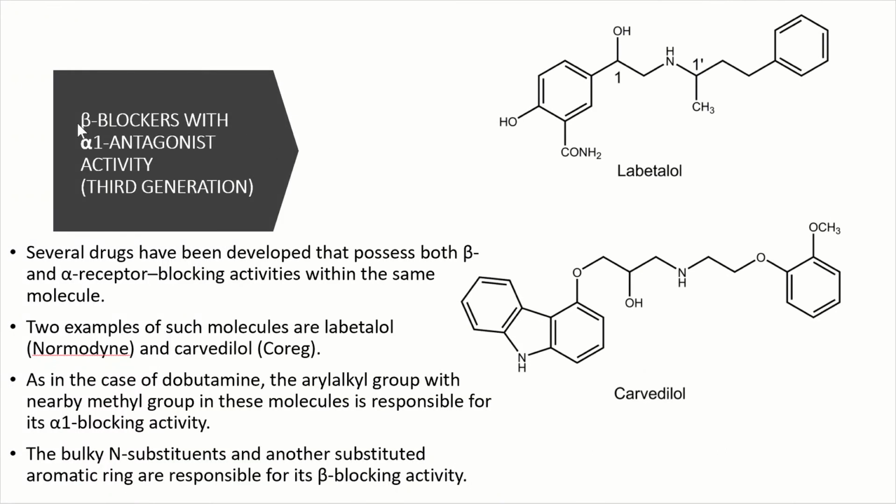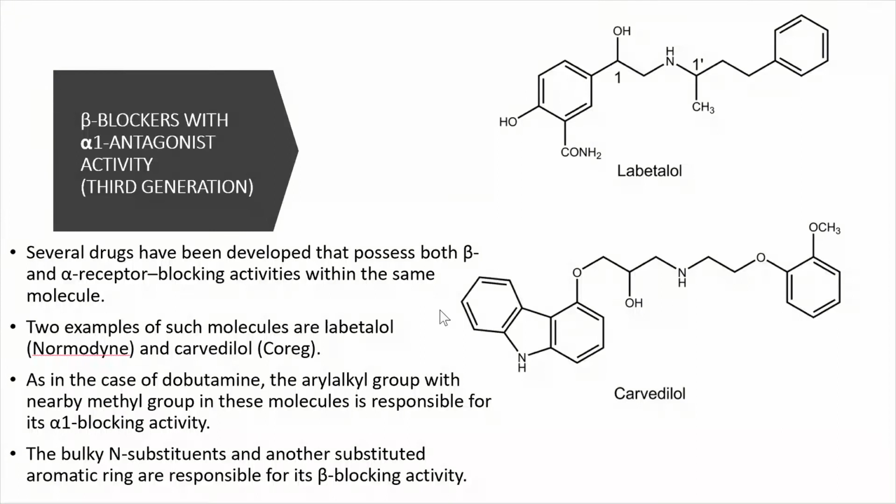And for our beta blockers with alpha 1 antagonist activity, these are third generation. Several drugs have been developed that possess both beta and alpha receptor blocking activities within the same molecule. Two examples that we have here are labetalol and carvedilol.